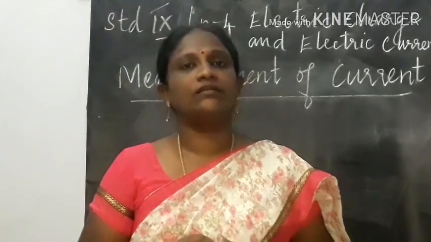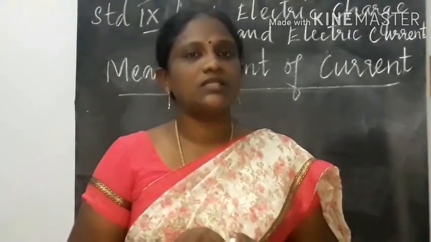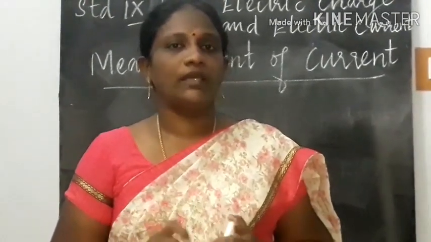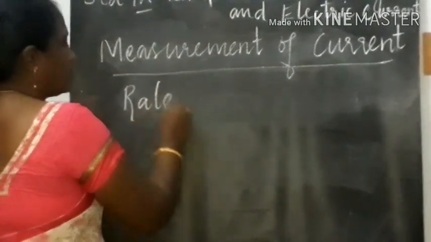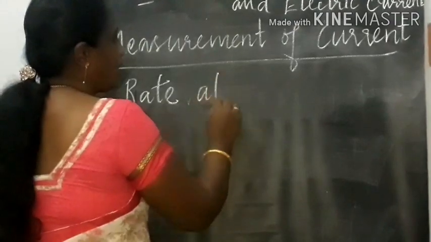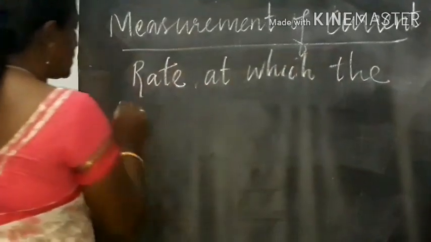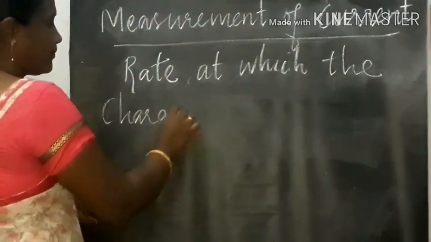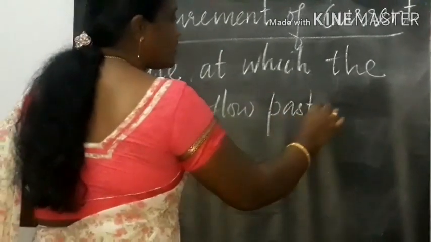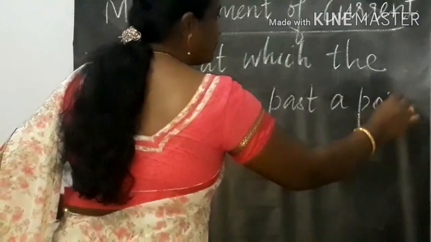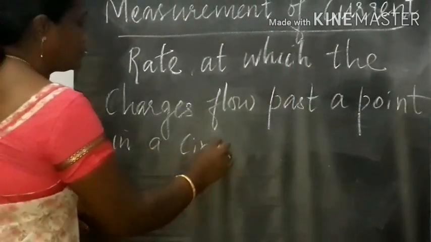Let us calculate the value of current. Current is the rate at which the charges flow past a point in a circuit.